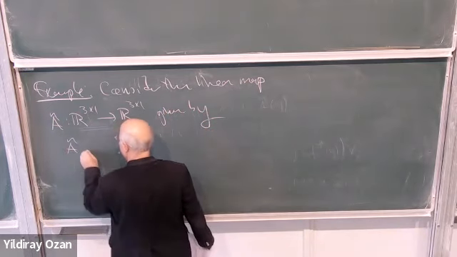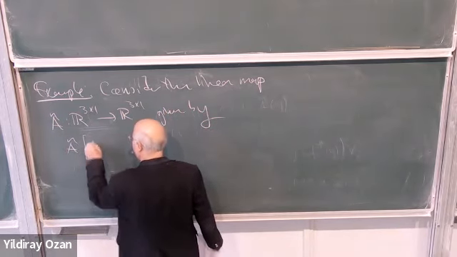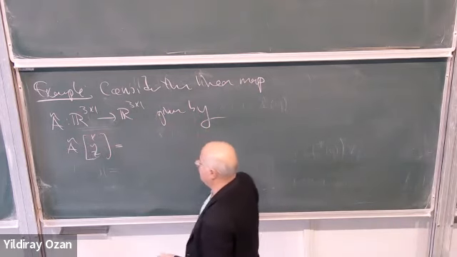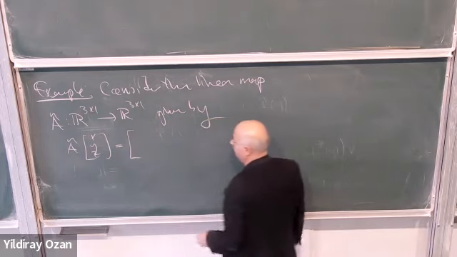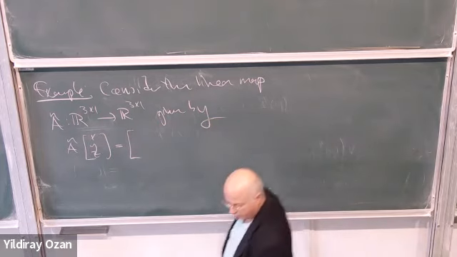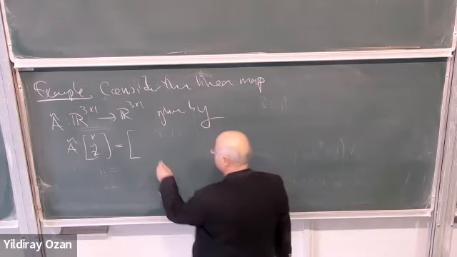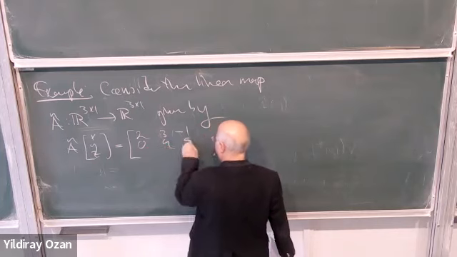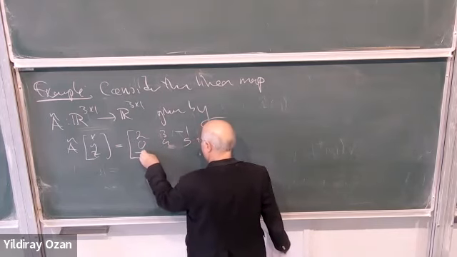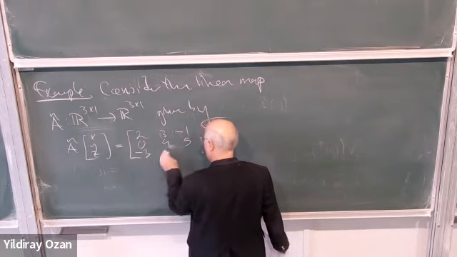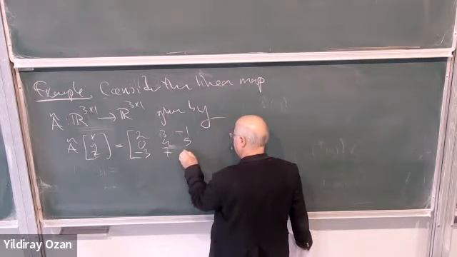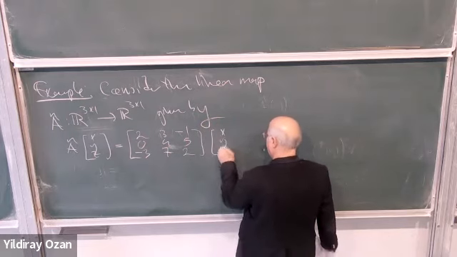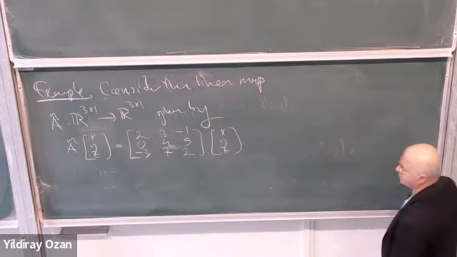A hat X, Y, Z is just şöyle yapayım. Matris gösterimi yapın. 2, 3, eksi 1, 0, 4, 5, eksi 3, 7 ve 2. X, Y, Z. Okay? So it's given by this matrix representation.